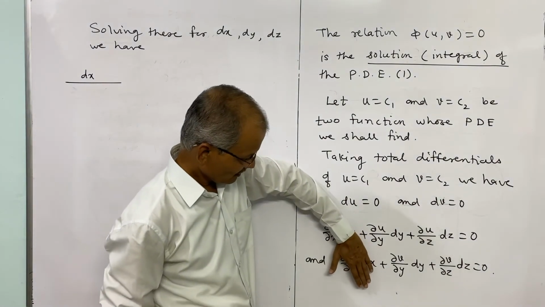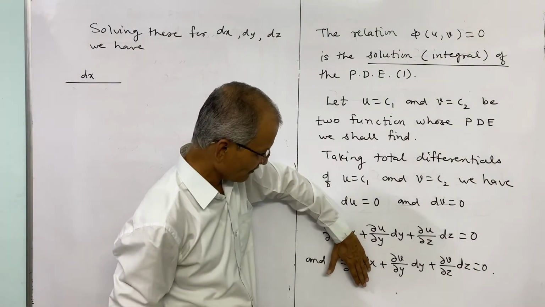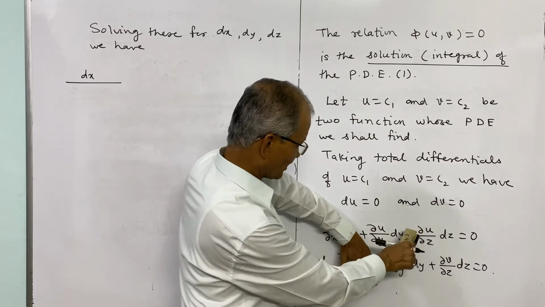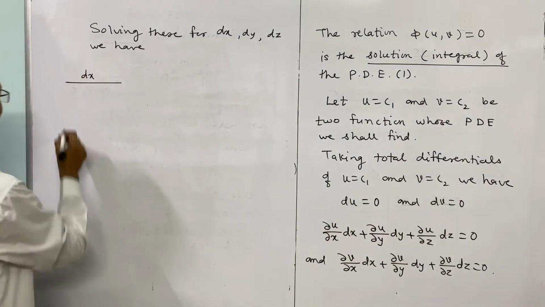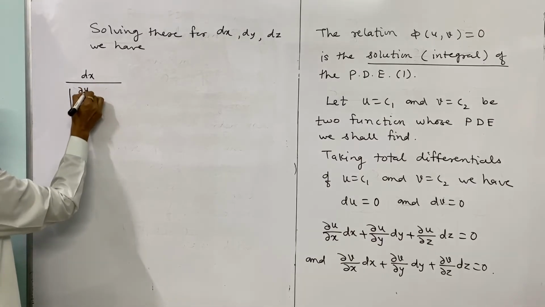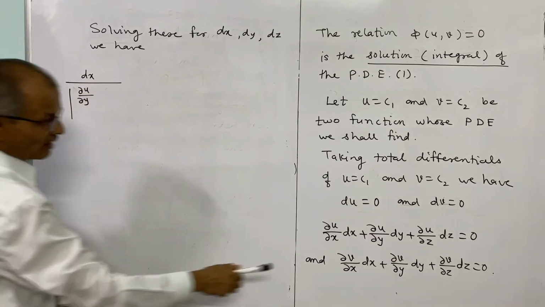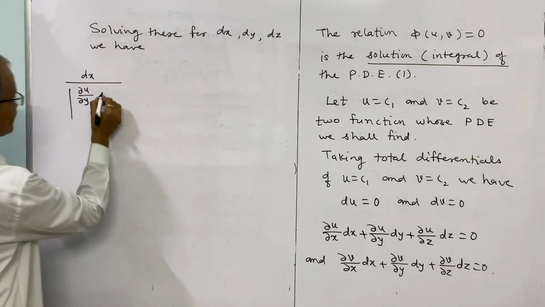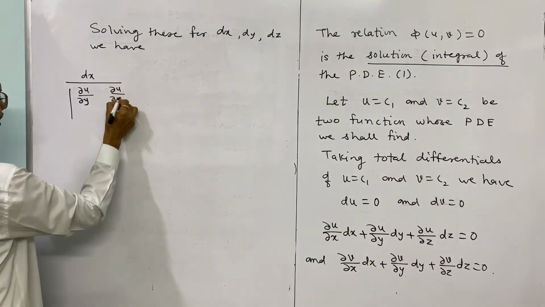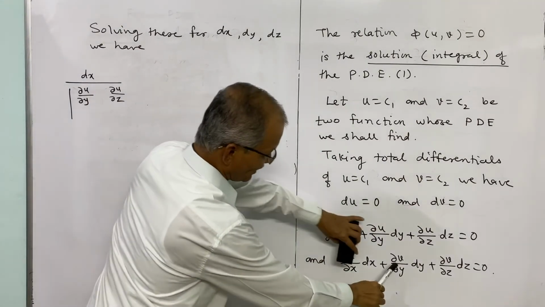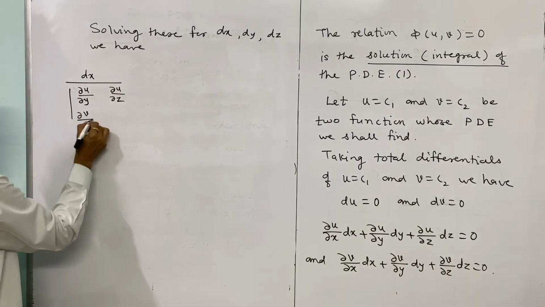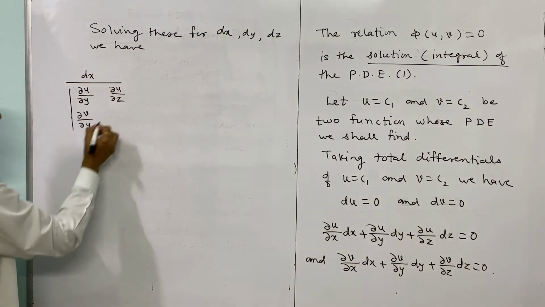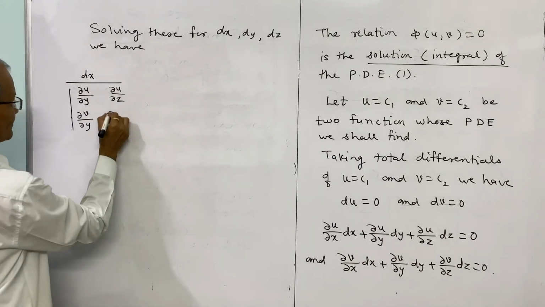So see, hide this column, and then the coefficients of dy, dz from the remaining are to be written in the form of a determinant. That is dou u by dou y and dou u by dou z. Second row, hiding this, dou v by dou y, and next is dou v by dou z.